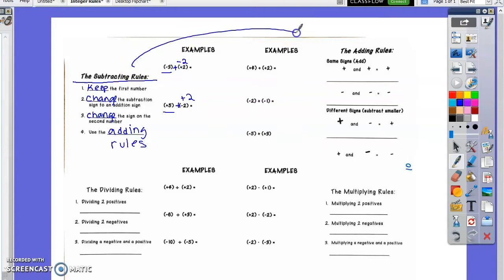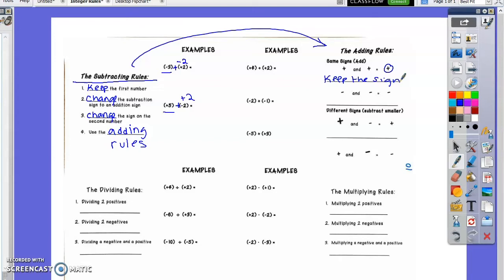So let's go all the way over here and let's fill this out together. It's pretty straightforward. If you have a positive and a positive, that is going to stay positive. In other words, you're going to keep the sign. Same thing goes when you have a negative and a negative.